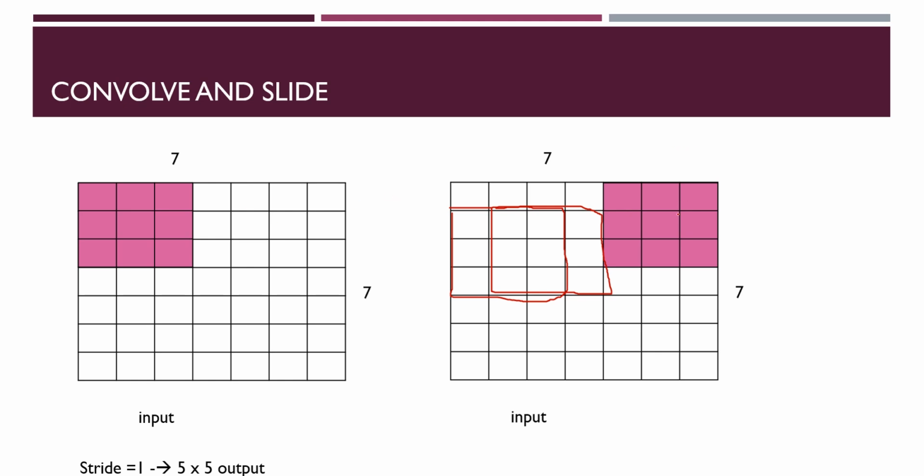So row wise you have 5, similarly column wise also you have 5. So 5 by 5 is the output after convolution. You get a 5 by 5 2D matrix after applying convolution with a stride of 1 to a 7 by 7 image.